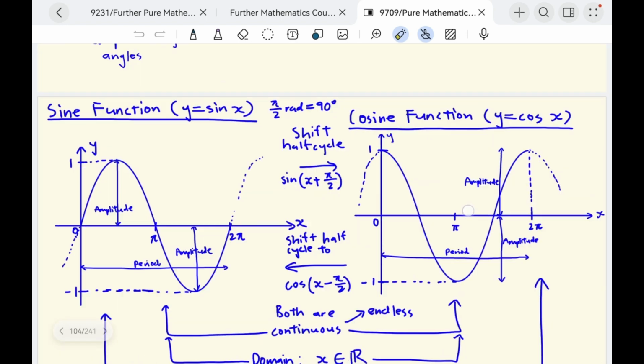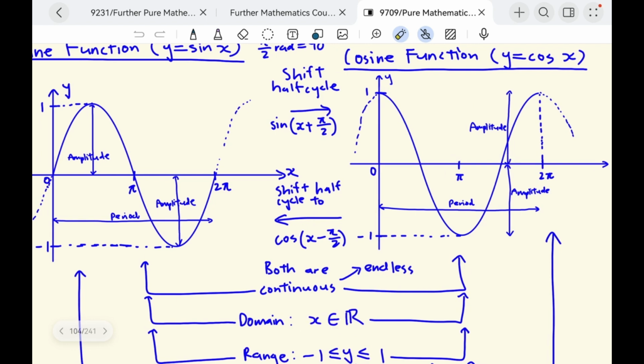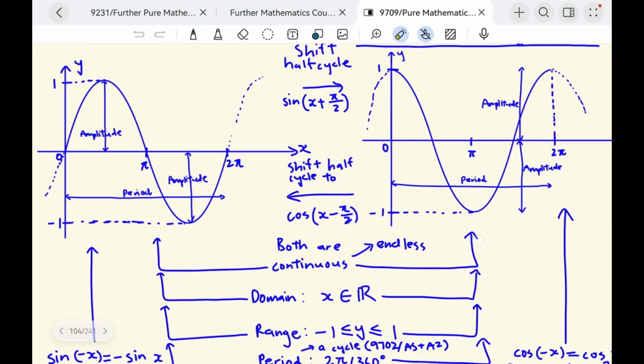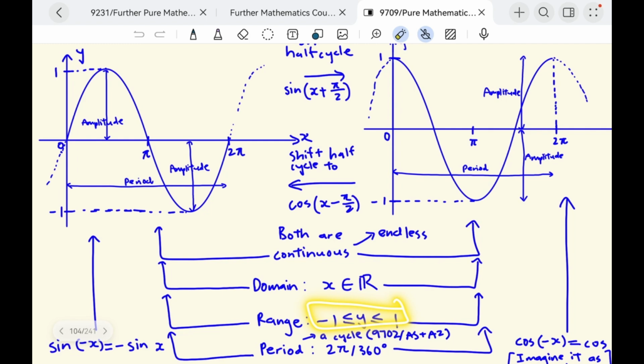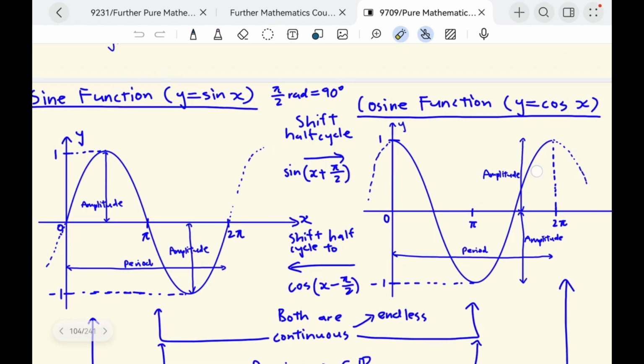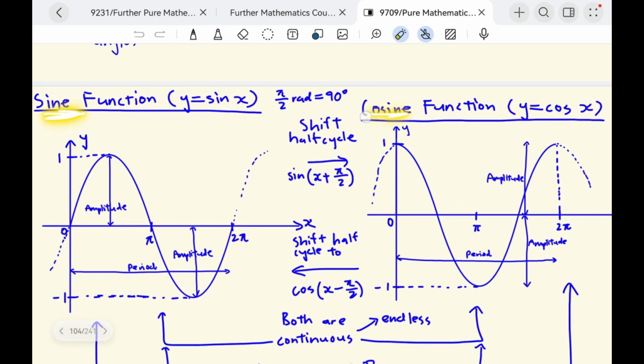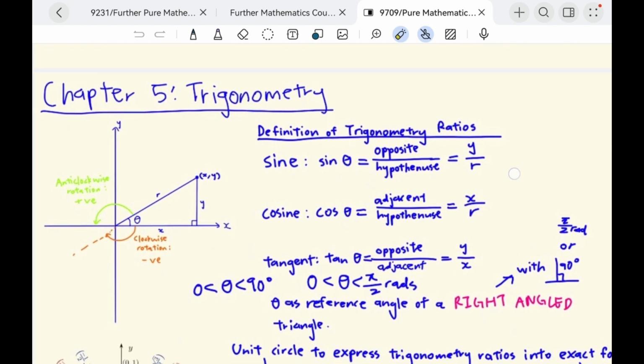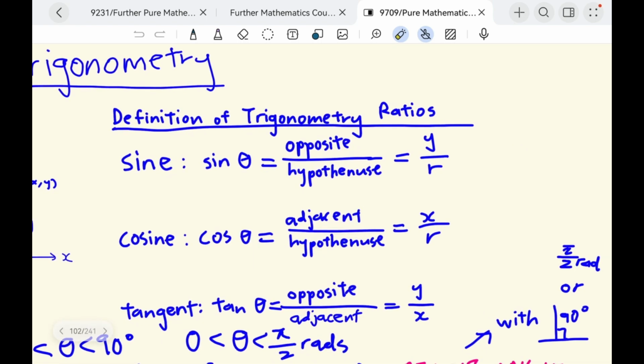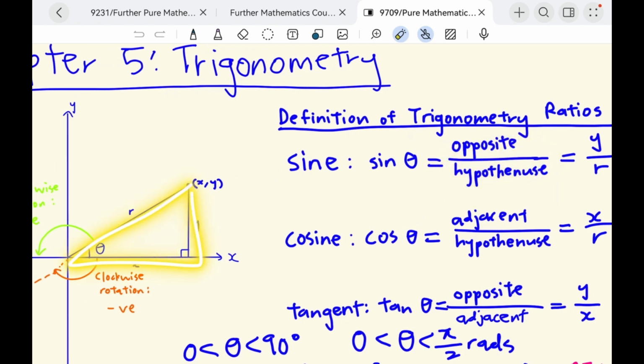So we can say that both graphs are continuous, because they are endless. Which means that for the domain, x is a subset of the real numbers. Alright? So what is the range? The range is from -1 to 1. Why? We must follow the definition of sine and cosine. Let's recall again, what is sine? Sine is the opposite over the hypotenuse. As we know, the hypotenuse must be the longest length among the sides of a right-angled triangle, right?